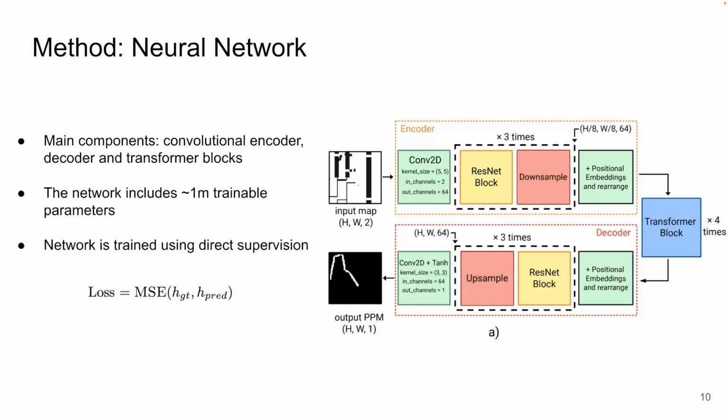Finally, the transformed feature map of the pathfinding instances is processed by the convolutional decoder, which provides the final output.